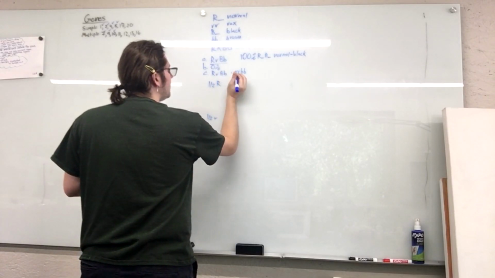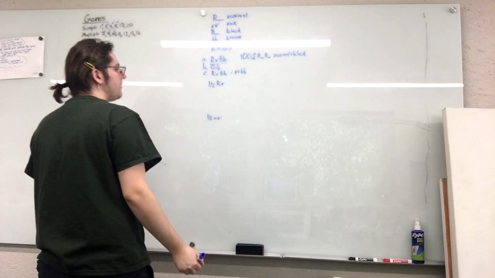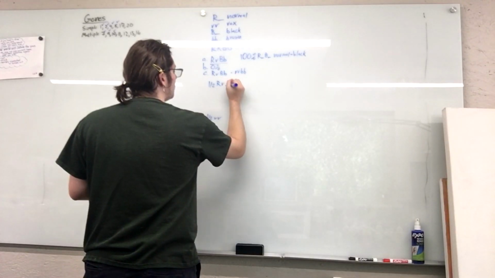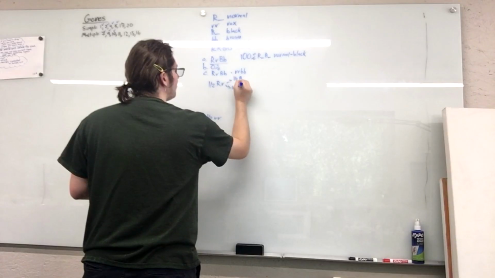Half of them are going to be heterozygous for R, half of them are going to be homozygous recessive for R. And then from there we go 1/2 for big B, 1/2 for little b.